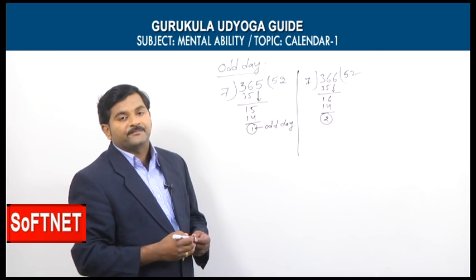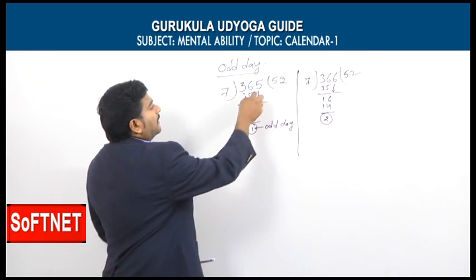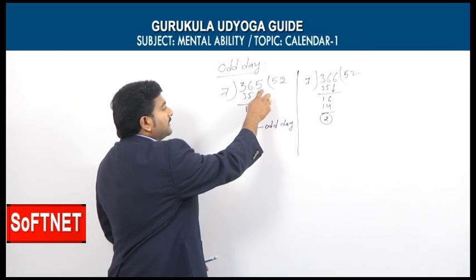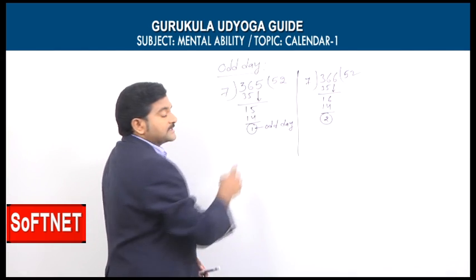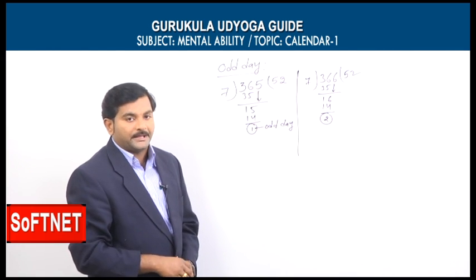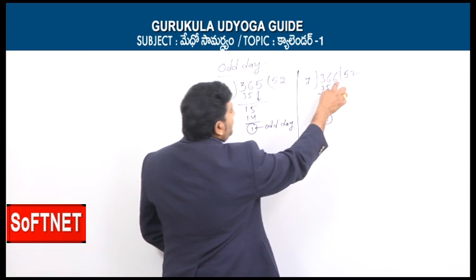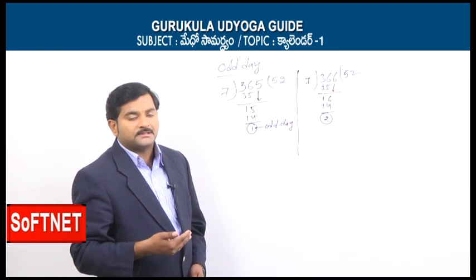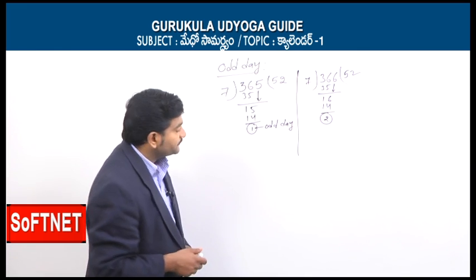So now what we can say here: an ordinary year, which is having 365 days, has only one odd day. If it is a leap year, then we are having 2 odd days, or simply we can say extra days.